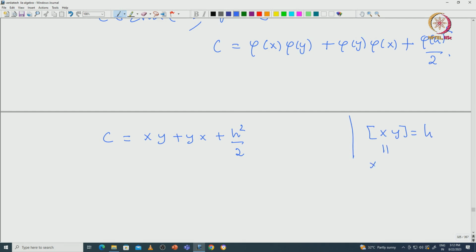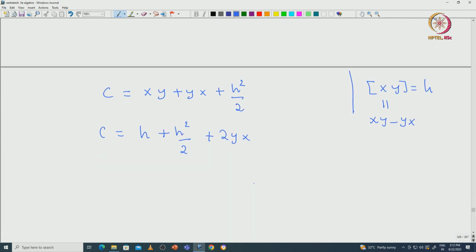So, that means x y minus y x is h. We can rewrite this C as h plus h square by 2 plus 2 y x. If you are not comfortable with this, you can put phi everywhere, not a problem, but this is what is happening in endomorphism of V.